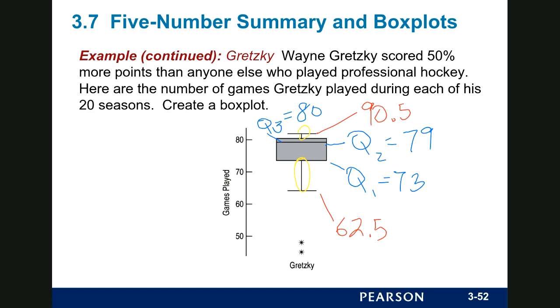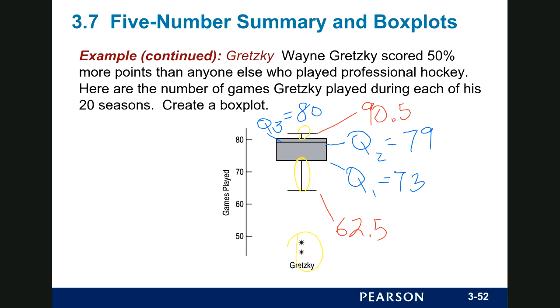And the last thing is, what about these values at the bottom here? If I look at my two fences, my lowest fence and my highest fence, lowest is 62.5, highest is 90.5. Then I go back up the chat box and look at the data reorganized in increasing order.